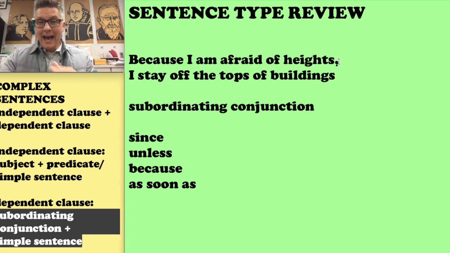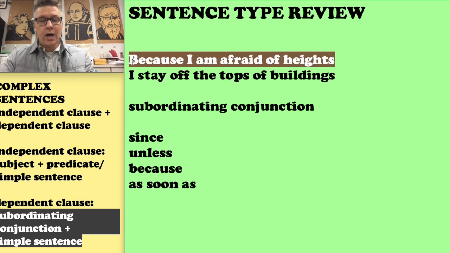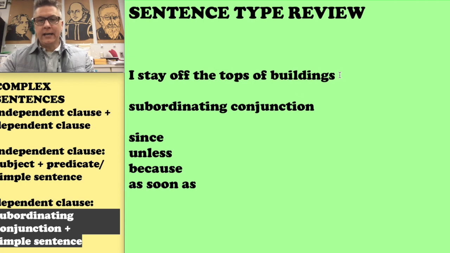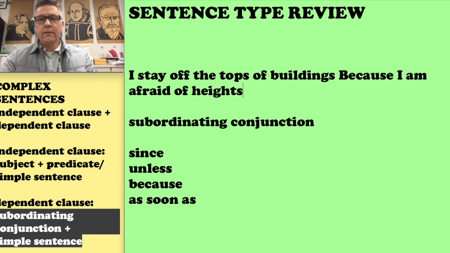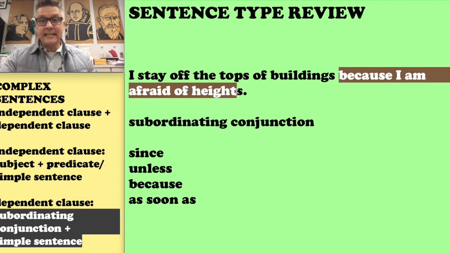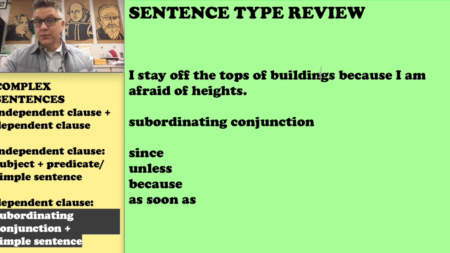Now, it does not have to come at the beginning. And in fact, oftentimes dependent clauses come at the end. Right? So I could put this here, right, with a little b. I stay off the tops of buildings because I'm afraid of heights. That's oftentimes where we see the dependent clause. So the key word here to look for is like because, and to see that there's another subject. The subject repeats twice in this sentence.